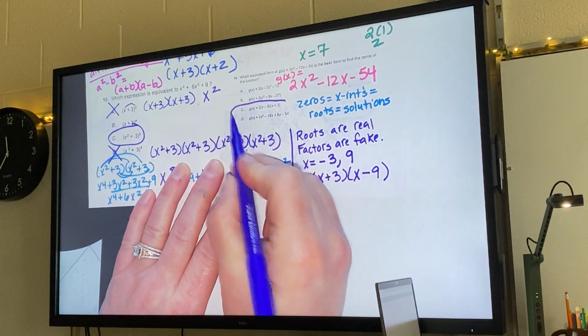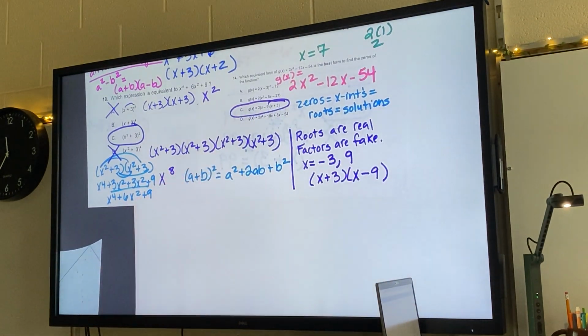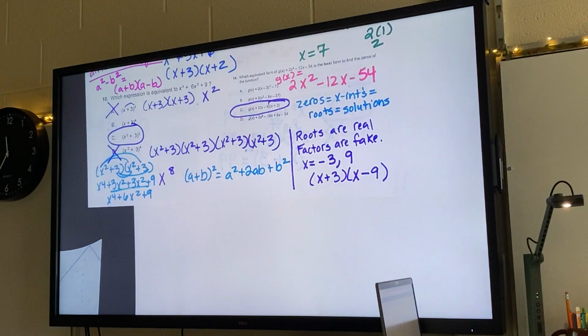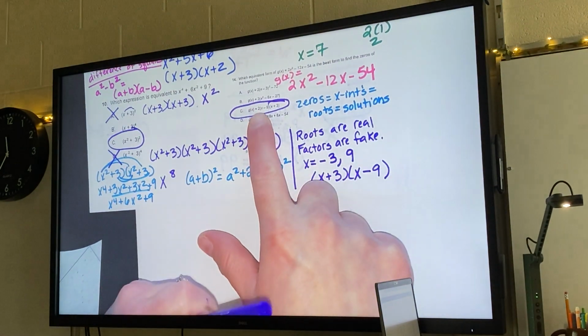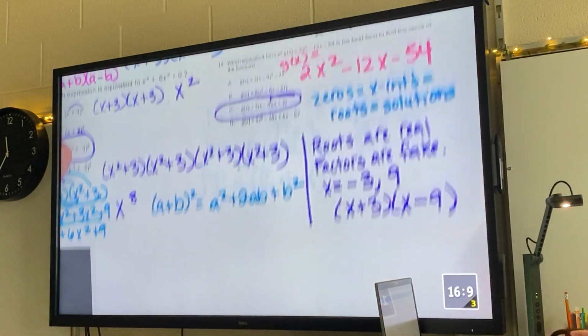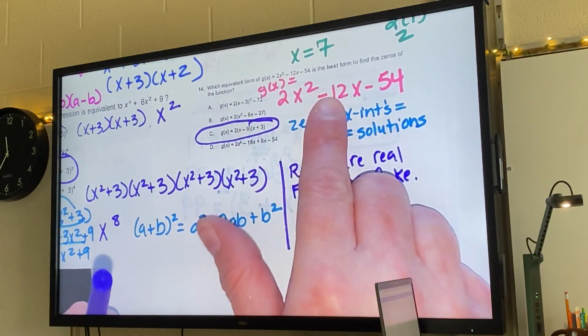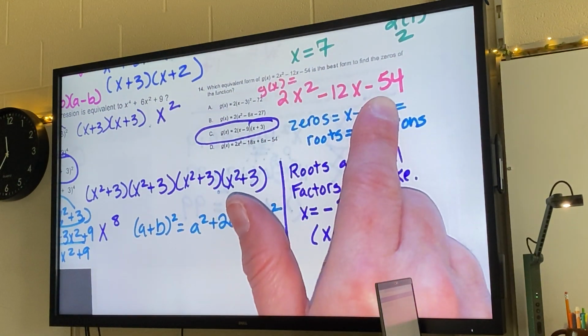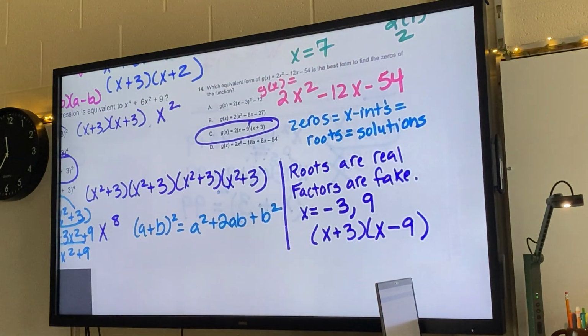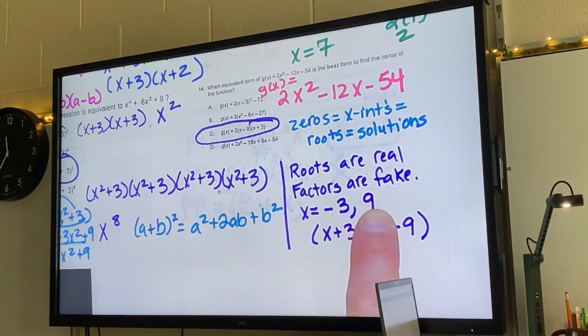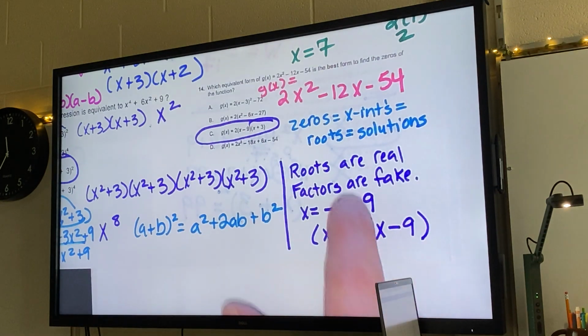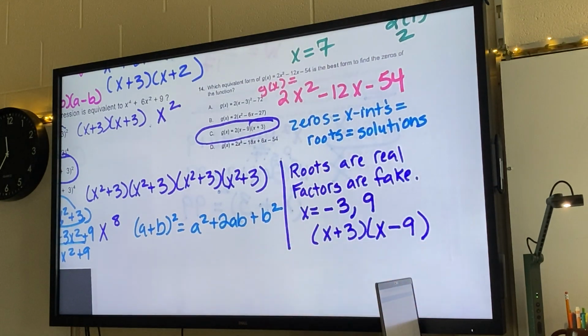C. Hey, I did do that one right. The reason there's a 2 out front for C is because I could divide all these by 2, and then you can factor it. But if you know what the roots are, it's got to have factors that are the opposite, because roots are real, factors are fake. We good?